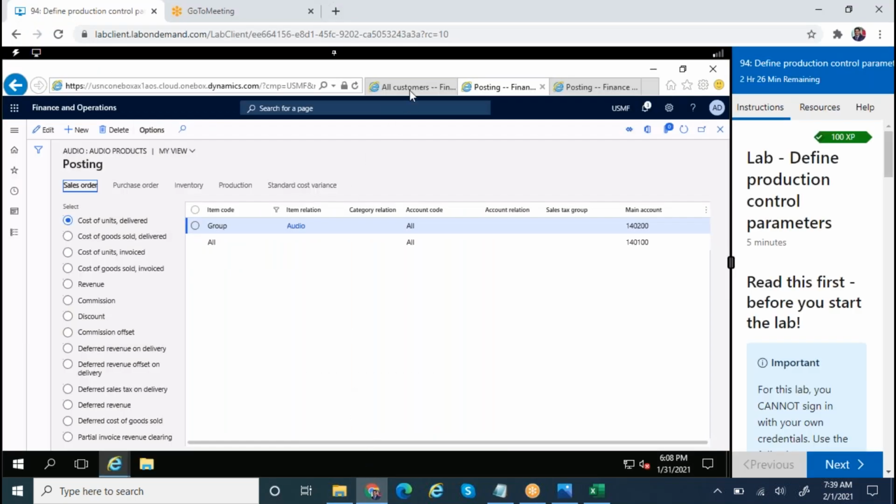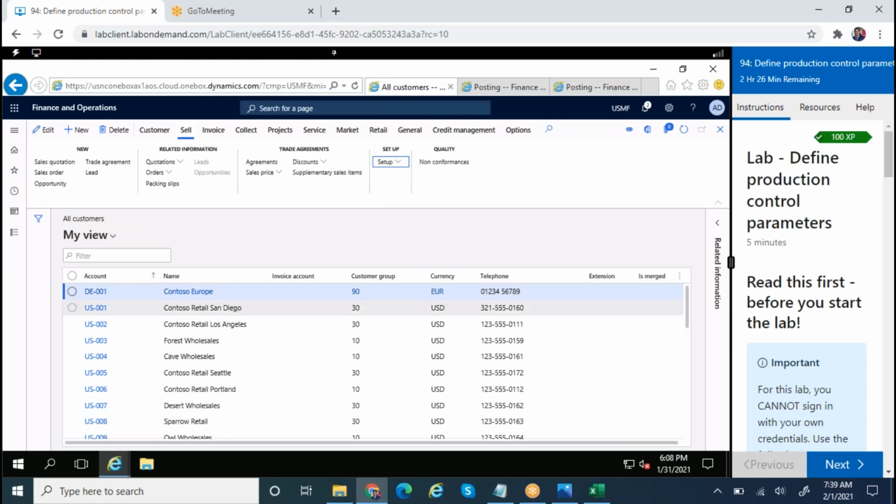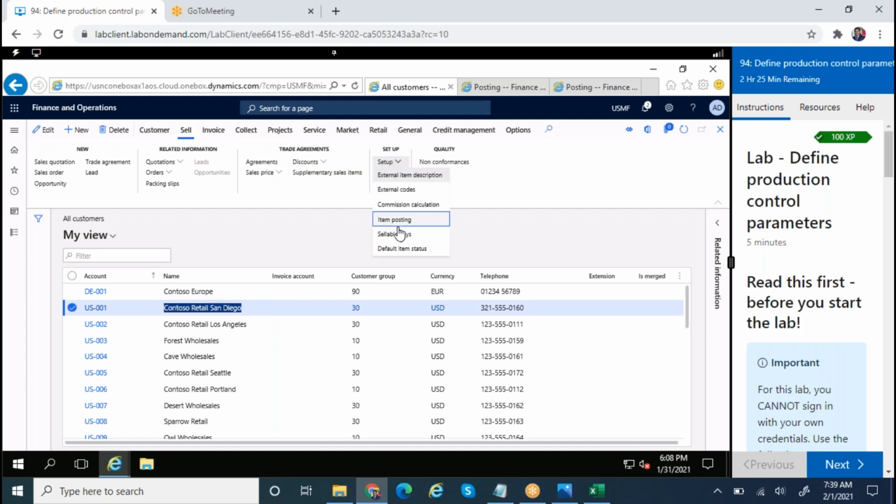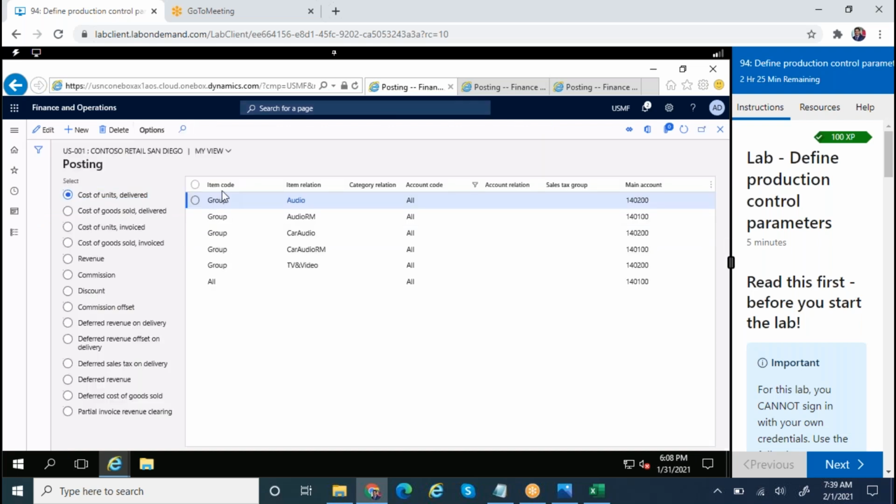Whenever you open it from the customer and go inside Setup, Item posting, it is for this customer only, but with item group wise combination. That is the reason we usually don't use this form.